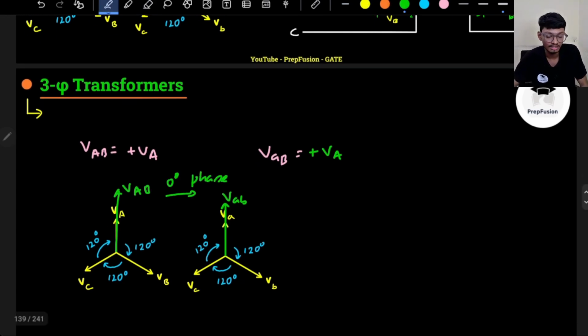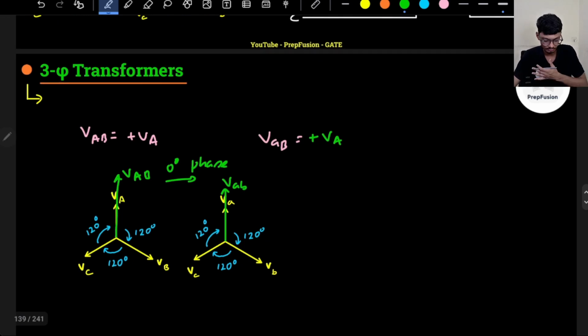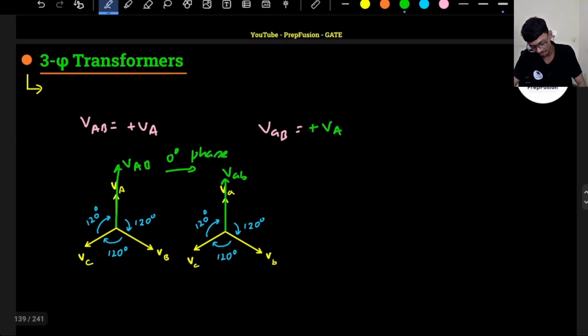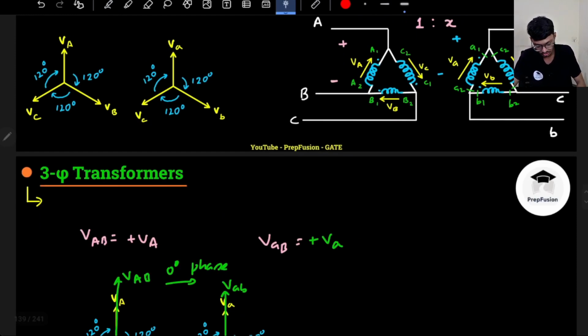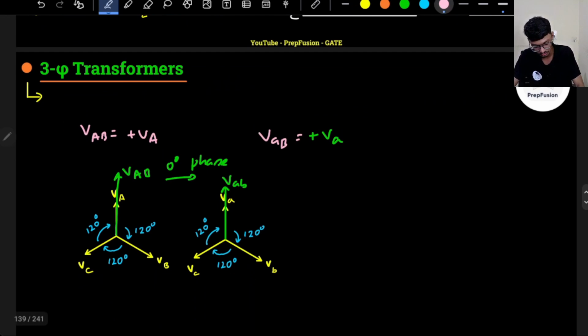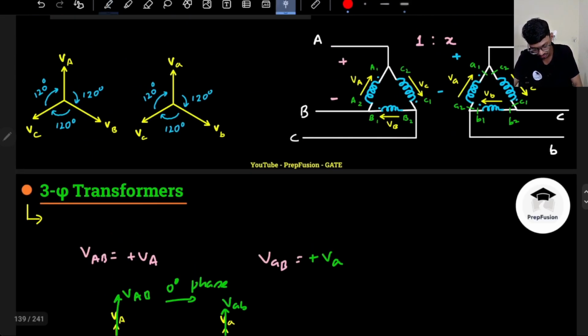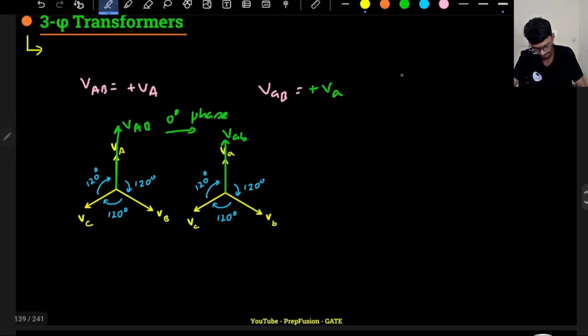What about the turns ratio, the voltage ratio basically? I know VAB is equal to plus VA, and small vab is equal to plus small va. And what is the relationship between the line and phase voltage for delta? It is the same, which I can observe here. So according to the transformation ratio, capital VA upon small va will be 1 upon x.